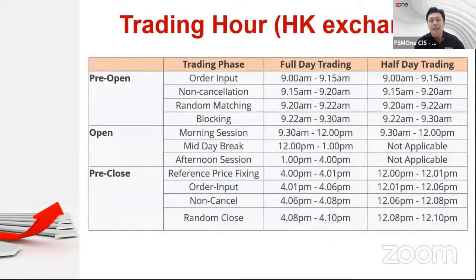This will be the trading hours for the Hong Kong exchange, just for your information. You will notice that in the Hong Kong exchange, there is a pre-open, the open market, and a pre-close. During the Hong Kong pre-opening, an investor is able to place orders from 9 to 9:15 a.m. However, for the orders that you place here, the exchange will only match within a range of 15%.